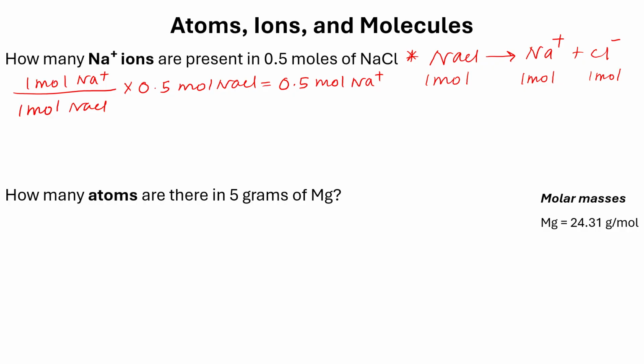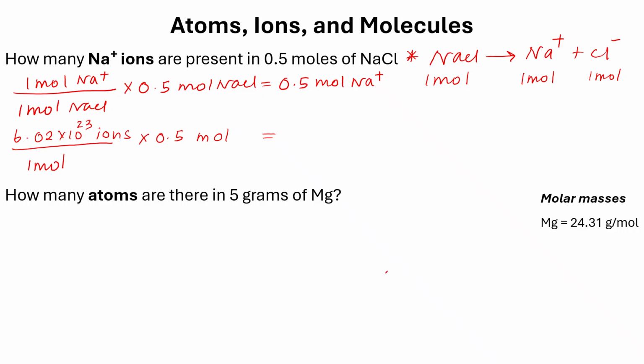As we discussed earlier, 1 mole of any substance contains Avogadro's number of molecules, particles, ions or atoms. So in this case we are talking about ions. Therefore 1 mole of substance contains 6.02 × 10^23 ions, and we have only 0.5 moles of sodium ions here.